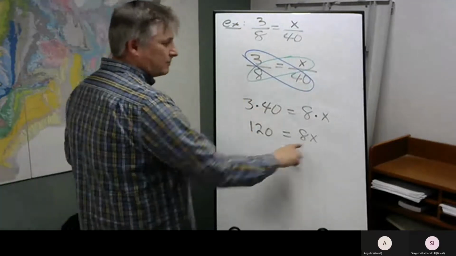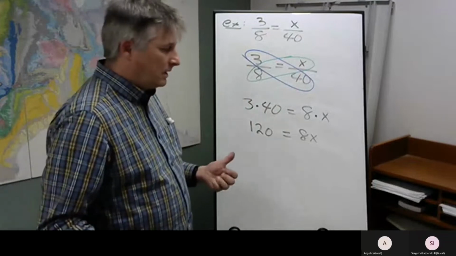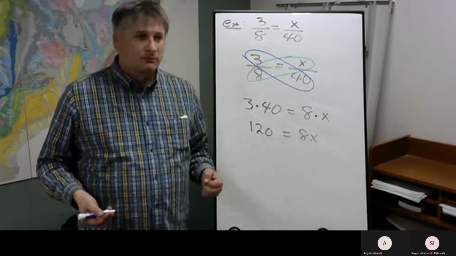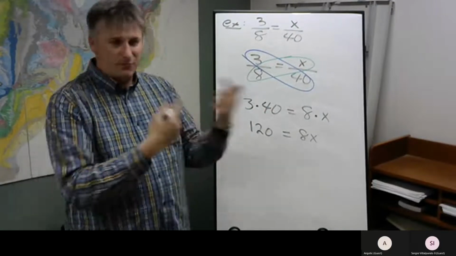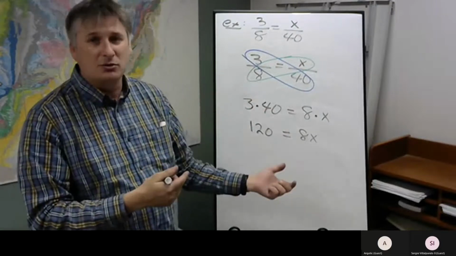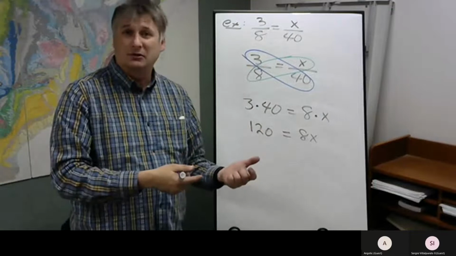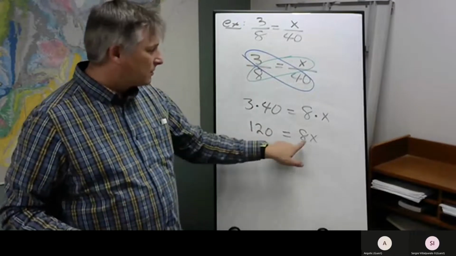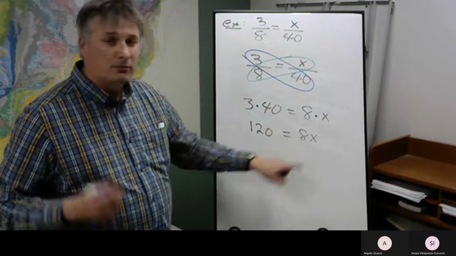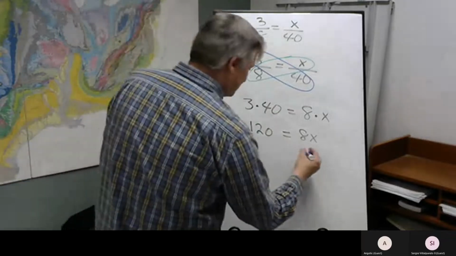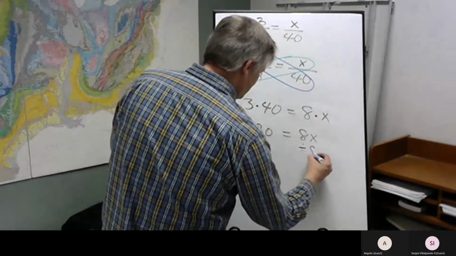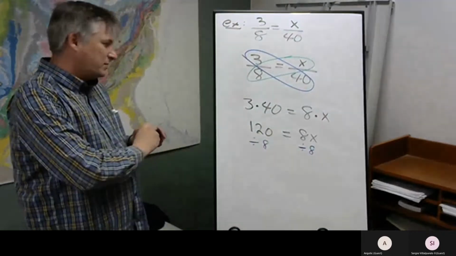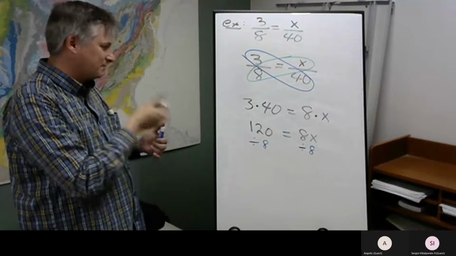So for multiplying, remember the opposite of multiplying is dividing, just like the opposite of dividing is multiplying. And then for addition and subtraction, they're opposites too. You want to undo subtraction, do it in addition. You want to undo addition, do a subtraction. So we're multiplying by 8. We better divide by 8. So let's see, 120 divided by 8.